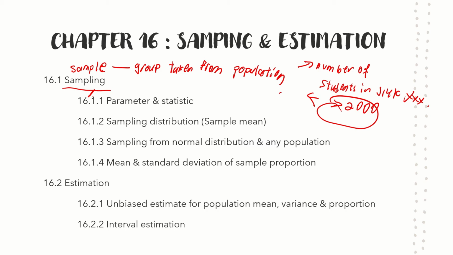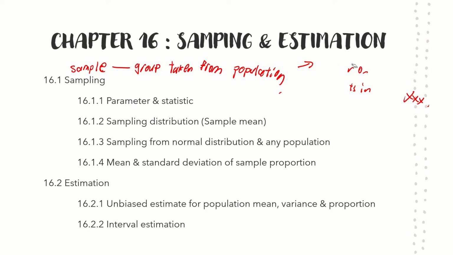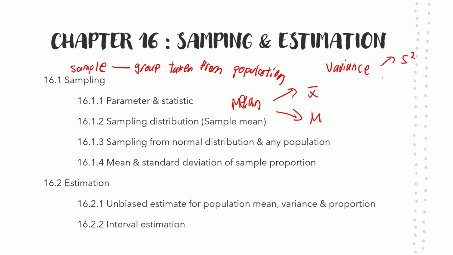Another definition you have to know is parameter and statistic. Before I proceed to this, think: why does the mean have two symbols? One symbol is x bar, one symbol is mu, and the variance also has two symbols, one is s squared and one is sigma squared. Why?